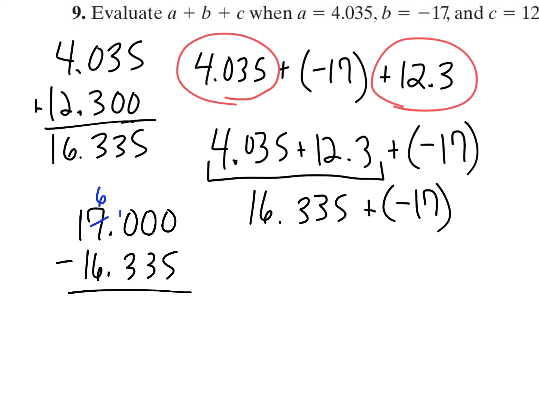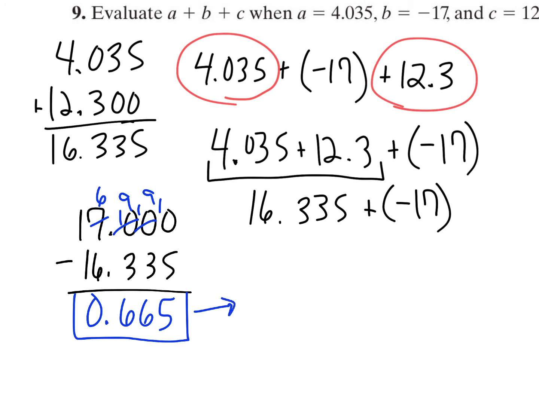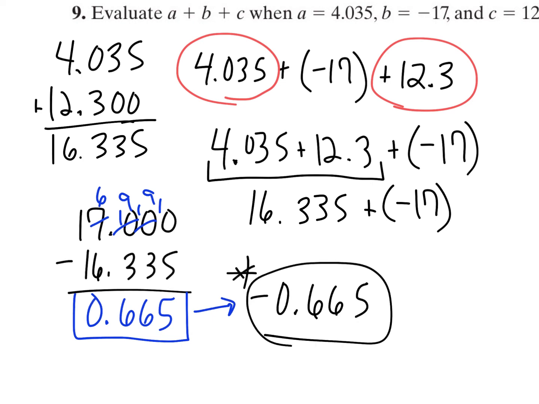We have to do some borrowing. And then the 0 technically is optional. And thinking back on this, we had more negatives, so our answer would be negative 665 thousandths.